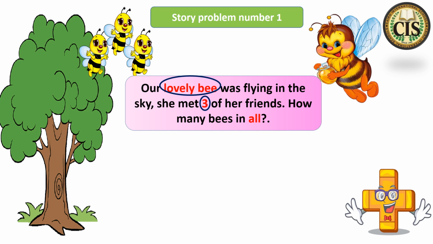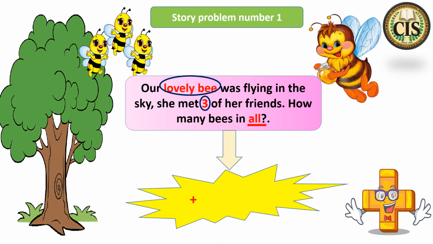First, we have to circle the numbers, the cute bee and 3 of her friends. And then we have to underline the keyword. Here we have the keyword all. Do you remember addition keywords? Sum, total, in all. So let's solve the problem together. First we have to write plus, which represents the addition sign.